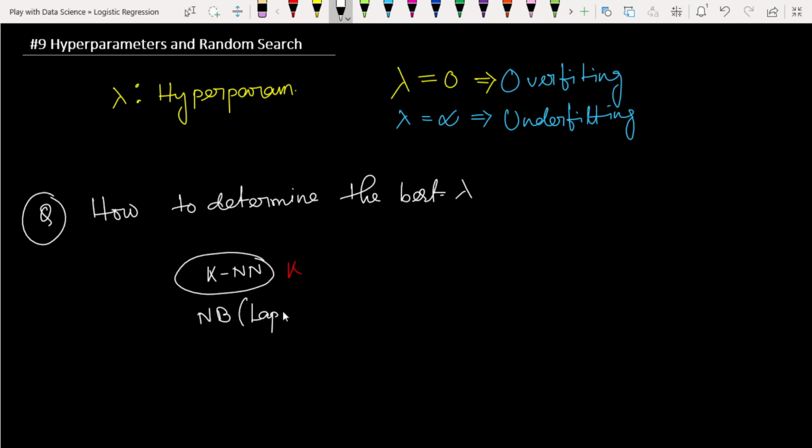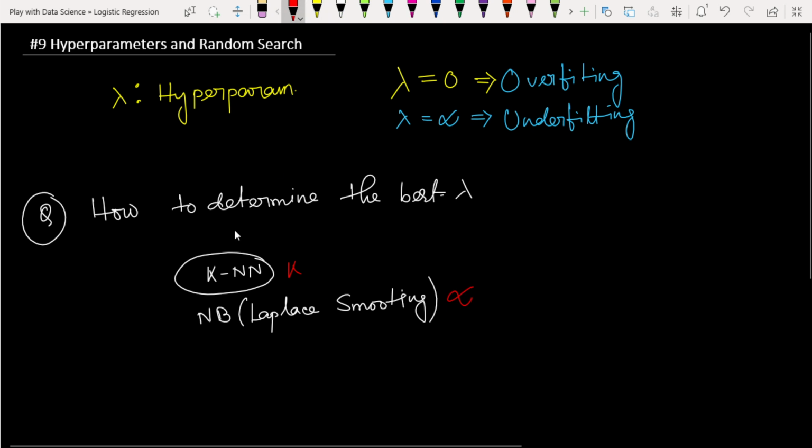We have already learned it. Laplace smoothing, I think the spelling is correct. I am very weak in English spelling. This hyperparameter is called alpha. And our logistic regression's hyperparameter is lambda.